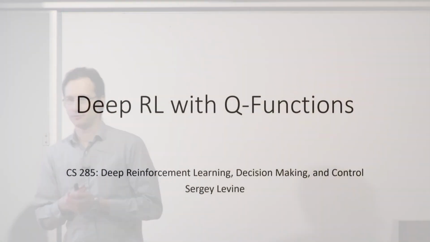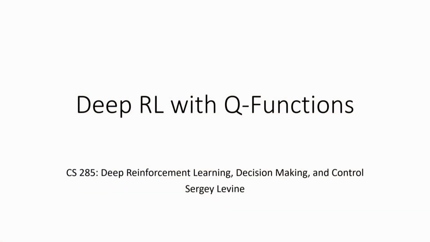All right, let's get started. So last lecture on Monday, we left off on kind of a somber note. We learned that we could use value functions and Q functions to do reinforcement learning without an explicitly represented policy. But then we learned that if we try to do this with deep neural networks or any other kind of function approximator, as opposed to a tabular representation, we can't actually get an algorithm that converges.